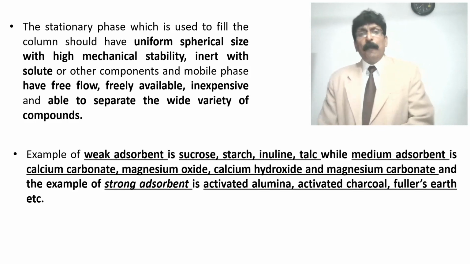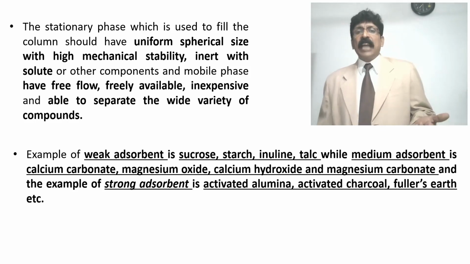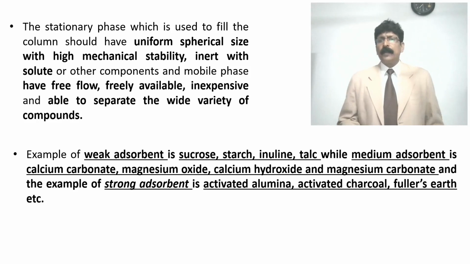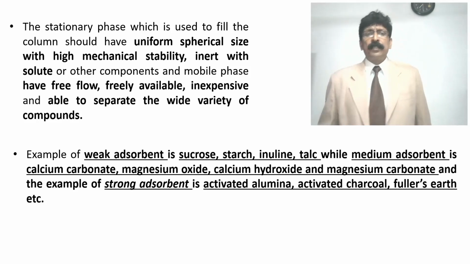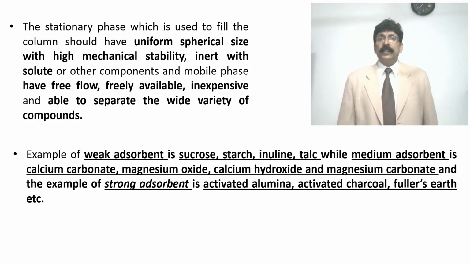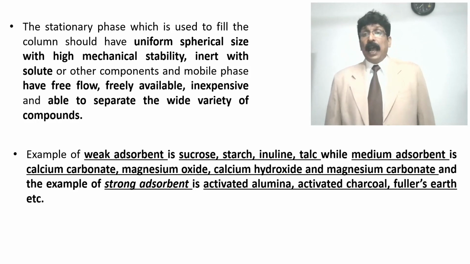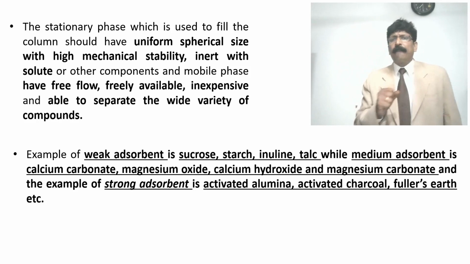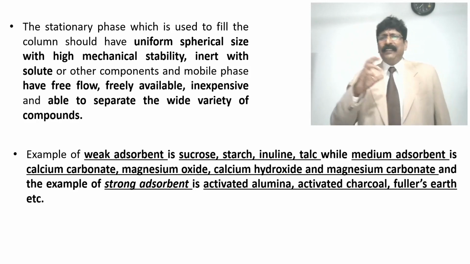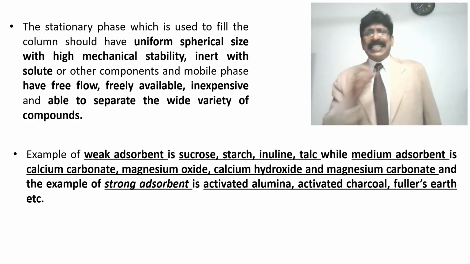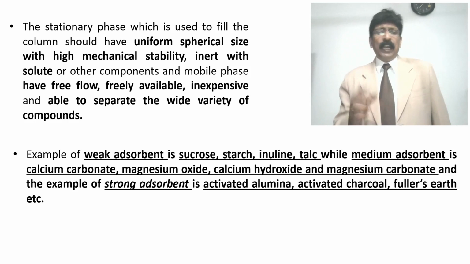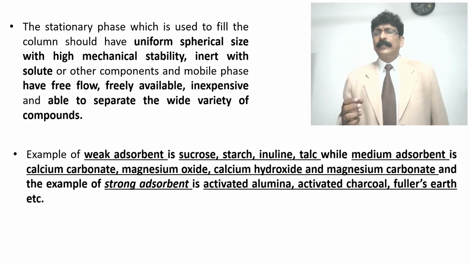Weak adsorbents are sucrose, starch, inulin and talc, while medium adsorbents are calcium carbonate, magnesium oxide, calcium hydroxide and magnesium carbonate. Examples of strong adsorbents normally used for research are activated alumina, activated charcoal, Fuller's earth and silica gel 120.